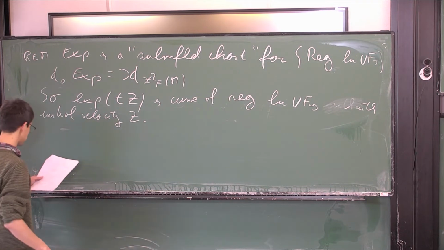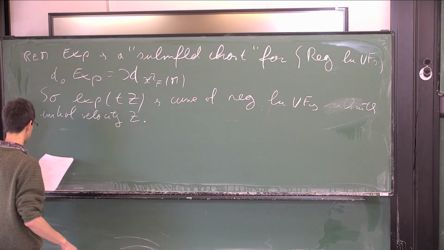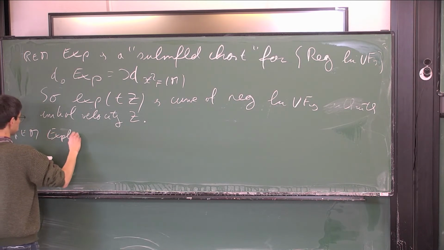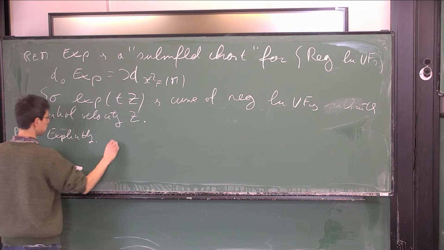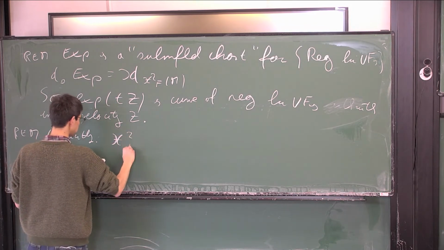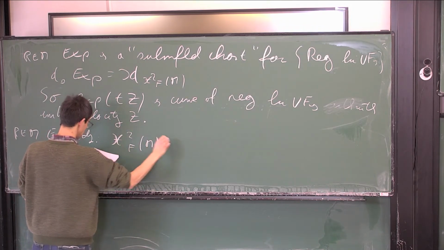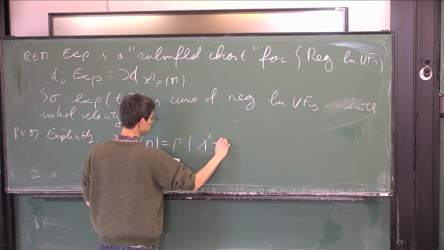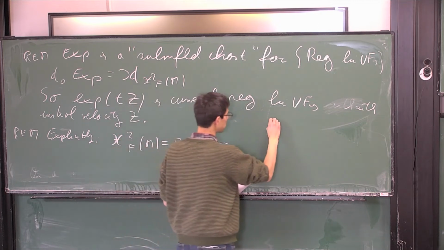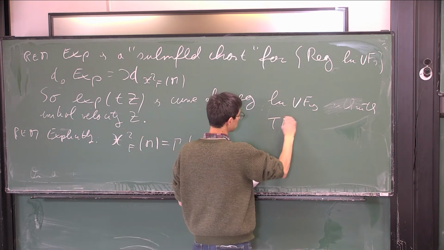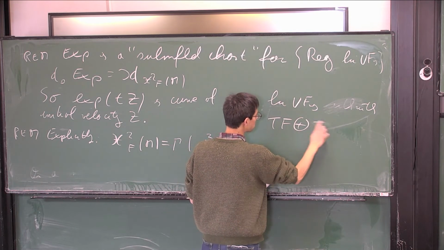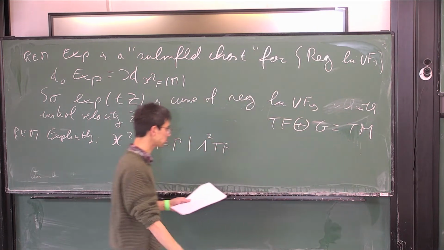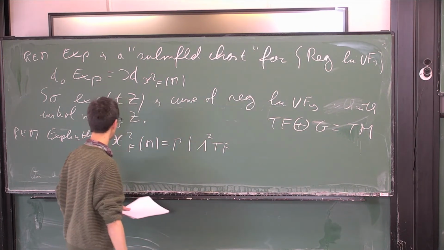So let me make this map explicit. This addresses one of Marius's questions. Remember that we have the splitting of the tangent bundle TM into two distributions.